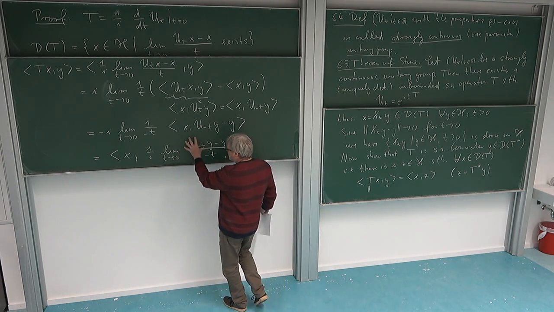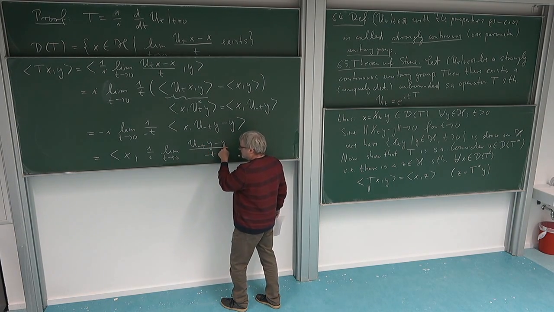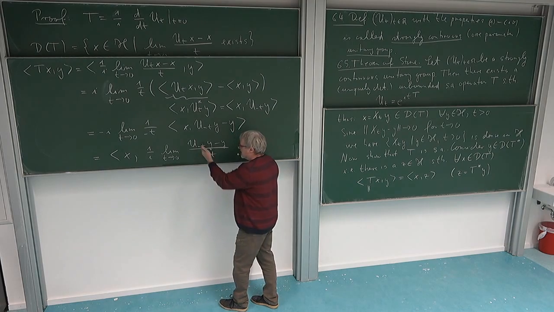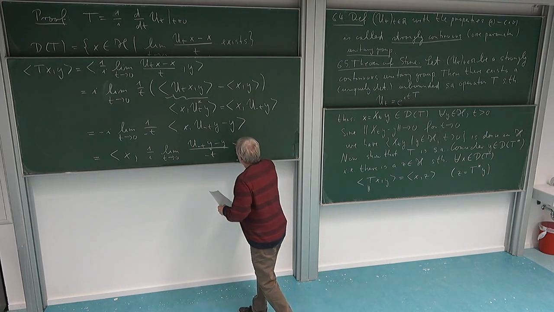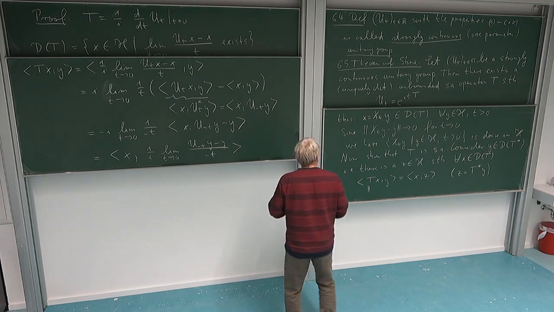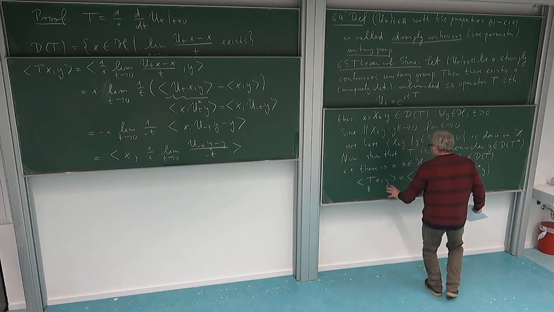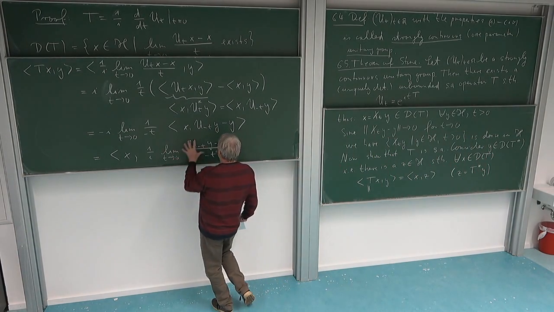And this is now the derivative of ut at the point 0. But okay, instead of t, I'm going with minus t. But t goes to 0, so this is the same. And here is the inner product. So if I start here, and I'm just rewriting it, I get something which involves a limit on this side.